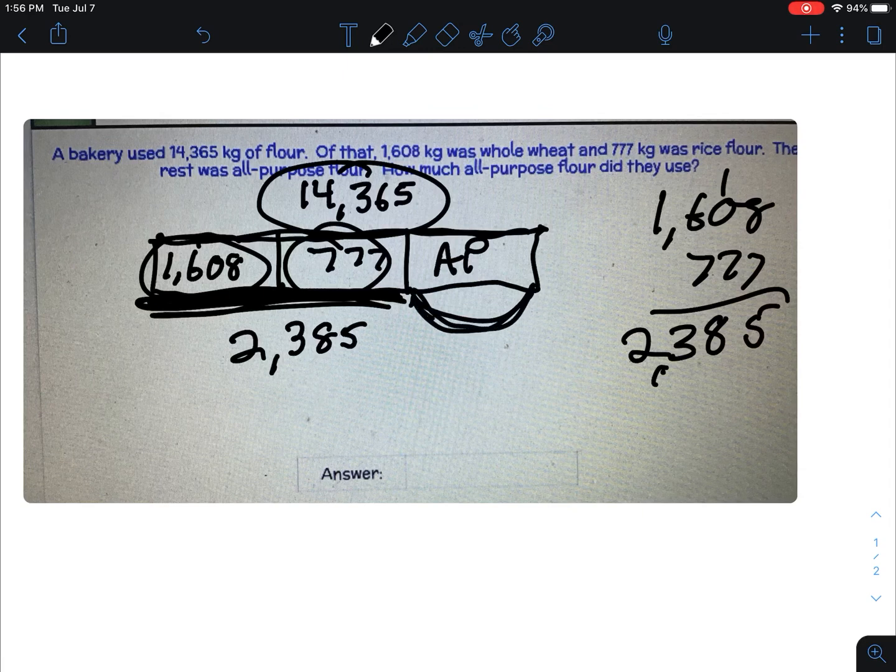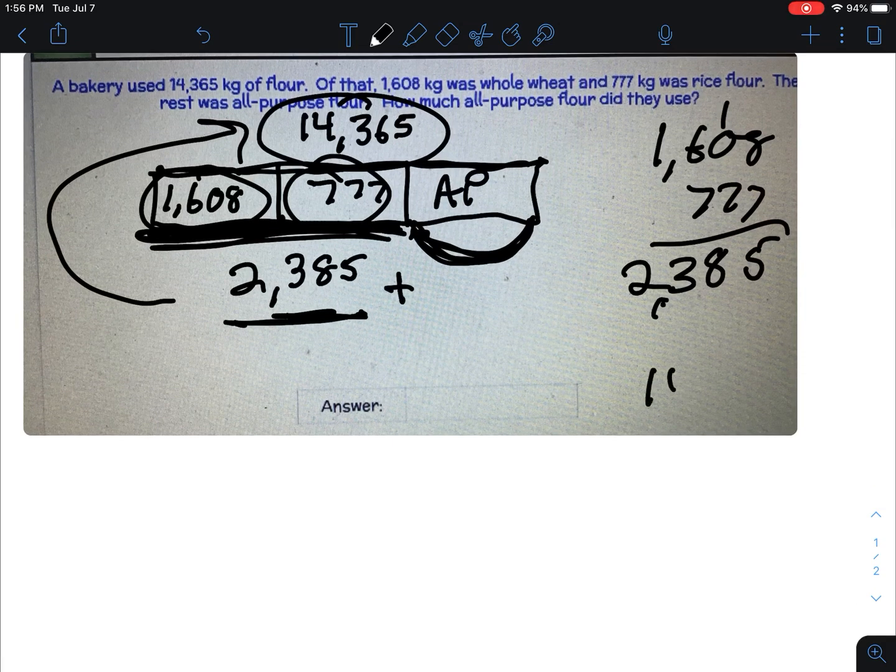All right, I need to know what the rest is. In other words, I know this. What do I need to add to this to get our total? Okay, so how would I figure that out? I would subtract. So I'm taking the total, subtracting what I know to find out what I don't know.